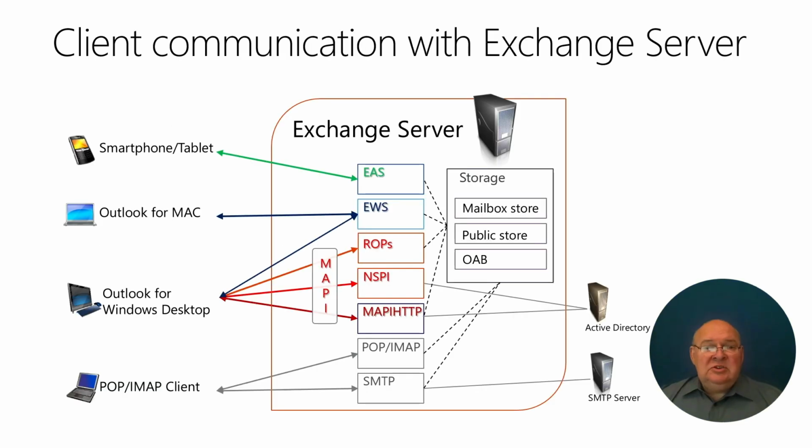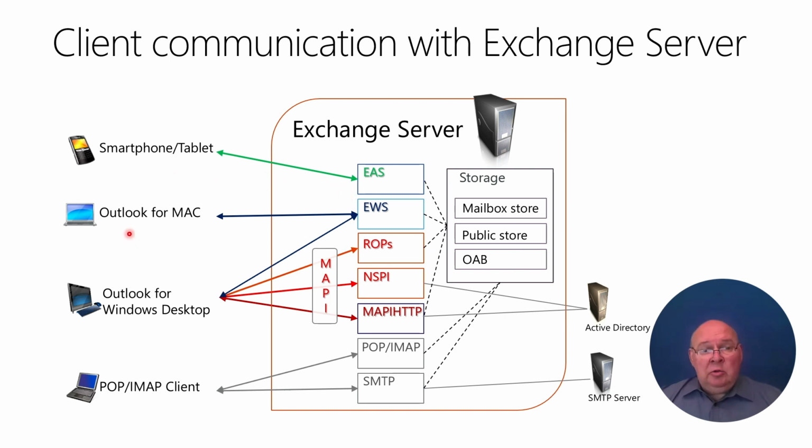This picture shows a role of protocols in client communication with Exchange server. You see, we have different devices, different platforms, and those devices can have client implementations using different protocols. For example, smartphone here is using EAS.